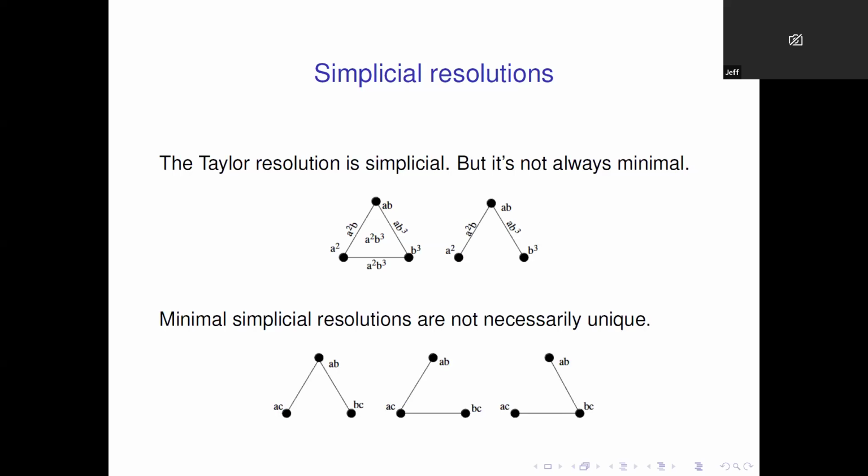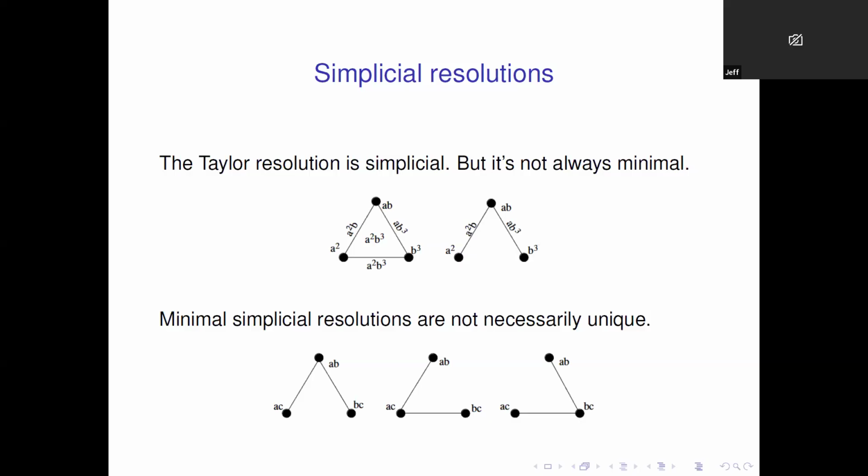When there are simplicial resolutions, and in particular, when there are minimal simplicial resolutions, sometimes there's choice. So for example, if you take all the square-free monomials of degree 2 in three variables, ab, ac, and bc, the LCM of all three of them is equal to the LCM of any two.